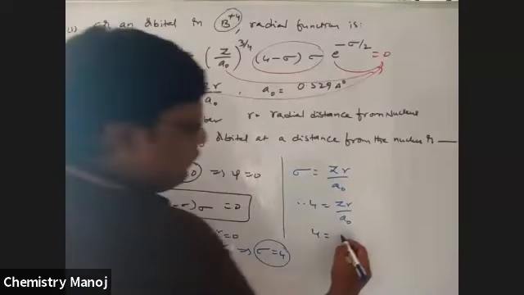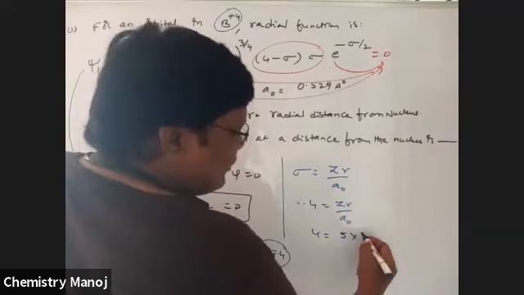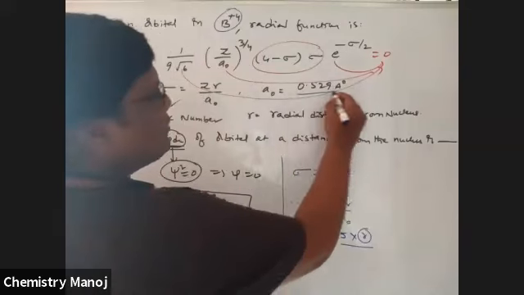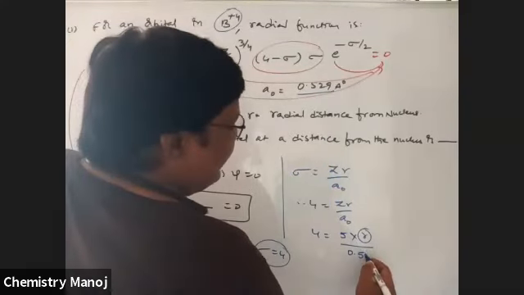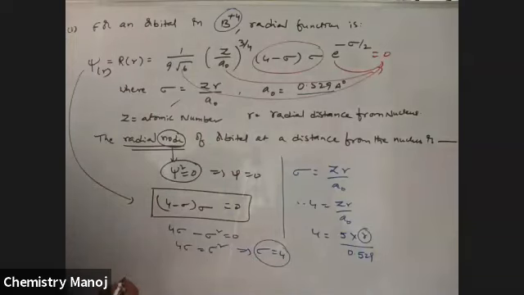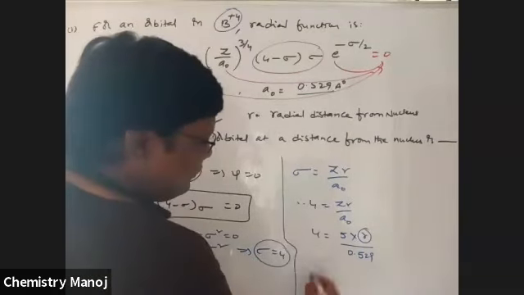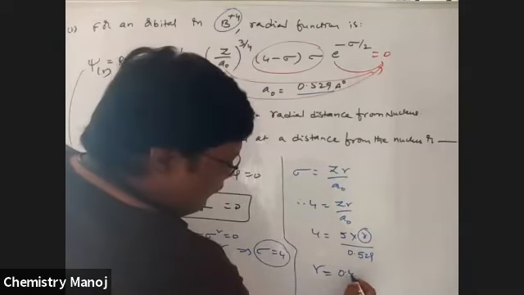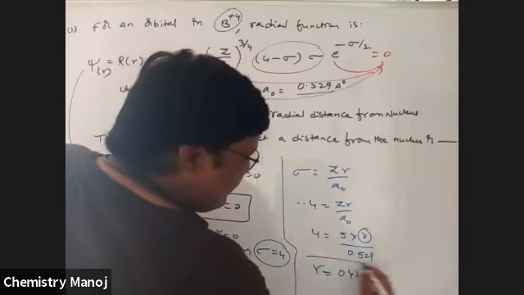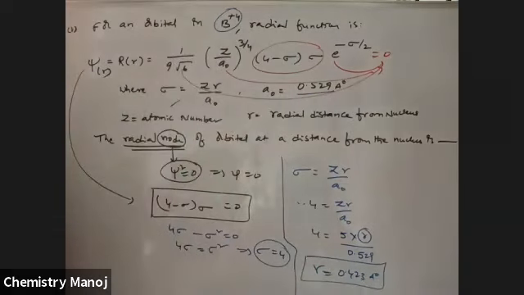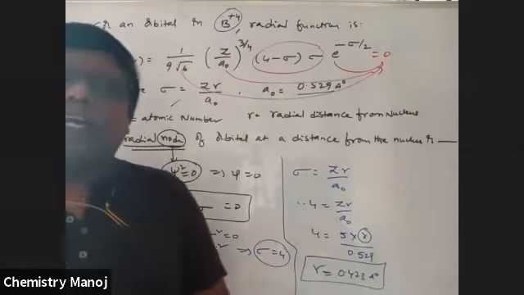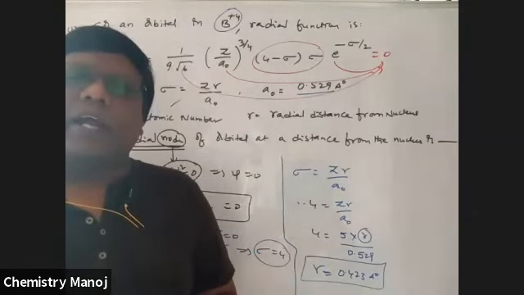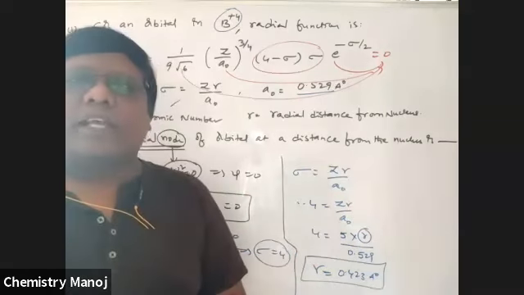We want to calculate the distance R, with A naught value 0.529. After final calculation, R value becomes 0.423 angstrom. So that is the way to find out where the node exists at a distance from the nucleus.